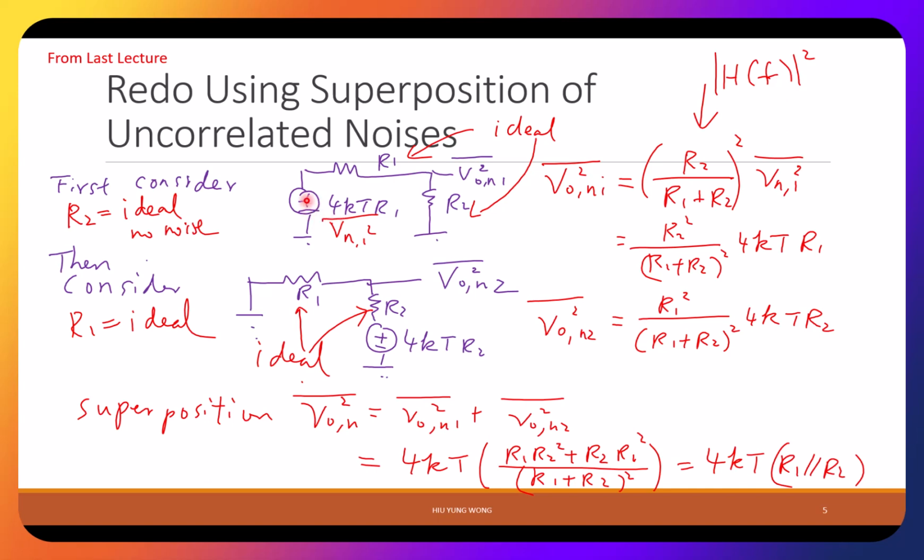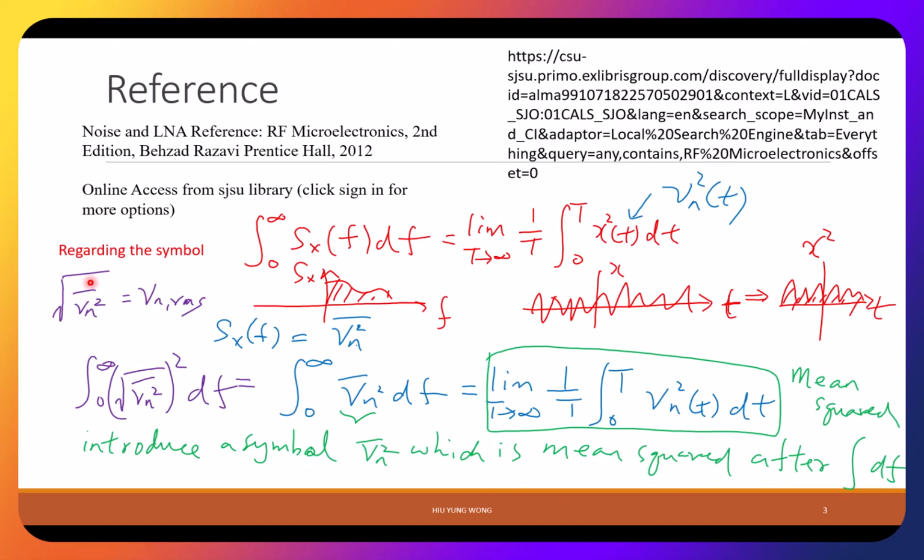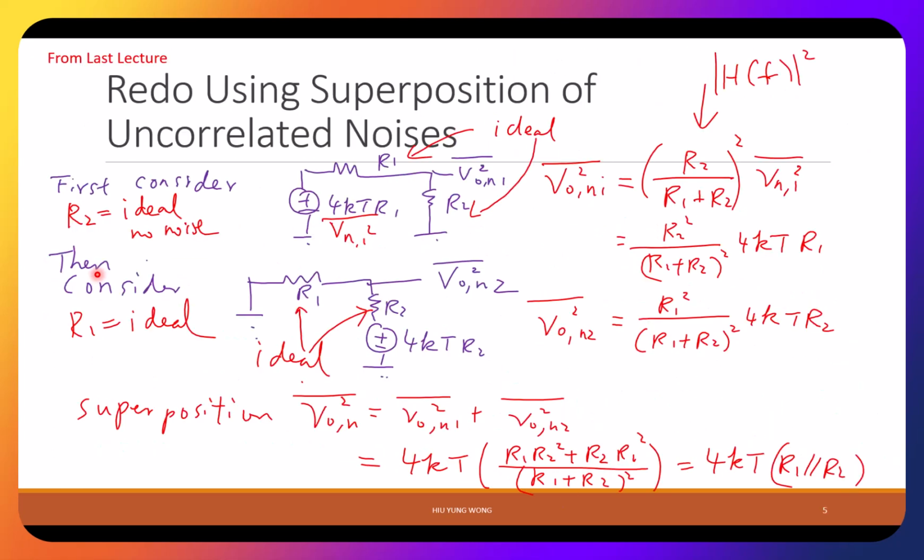Again, as we said, this is the power, but we can take the voltage value by using the square root. So the relationship of the output voltage, in the root mean square sense, equals R2 divided by R1 plus R2 times the voltage. But we care about power now, because we are talking about noise, not the voltage at a certain time or at a certain frequency.